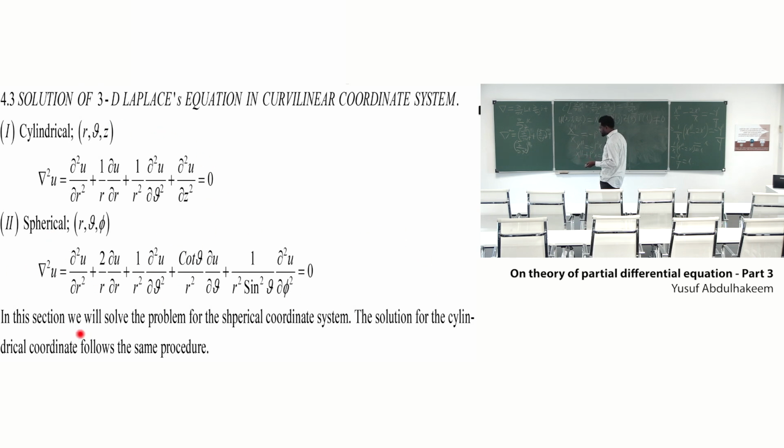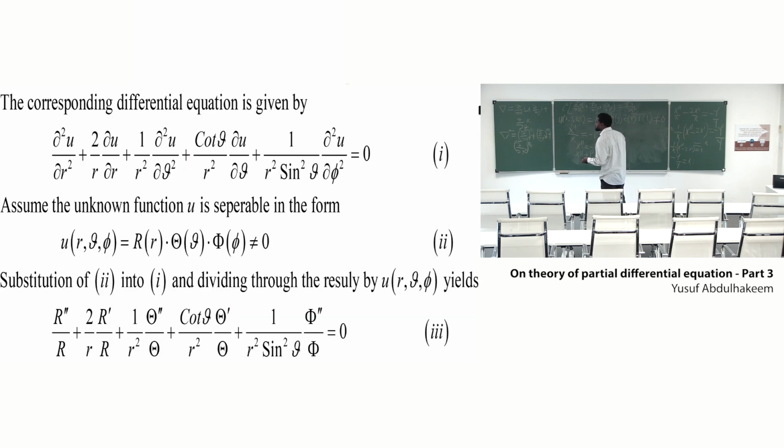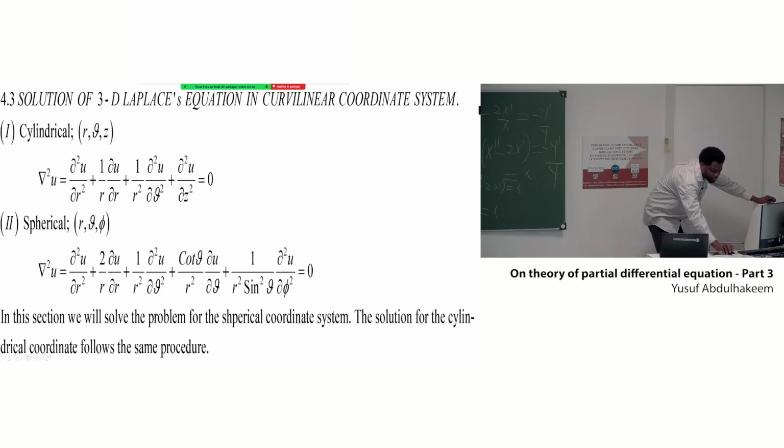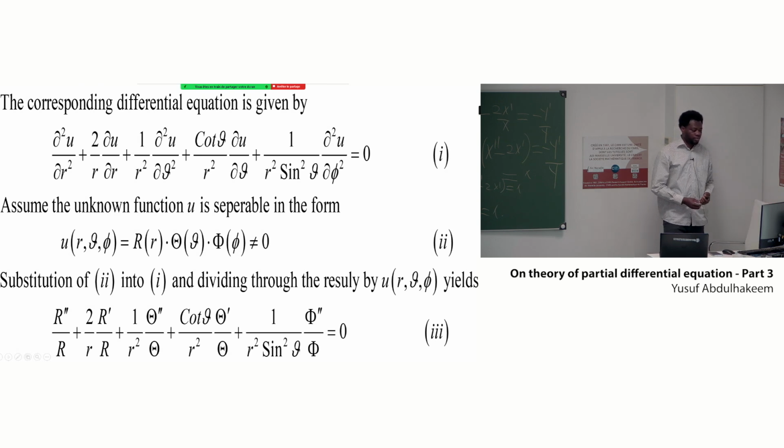So in this section, we will solve the problem for the spherical one, which is more complex. The solution for the cylindrical coordinates follows the same procedure as this. This one has a more complex solution because it is bigger, but the solution method is the same.